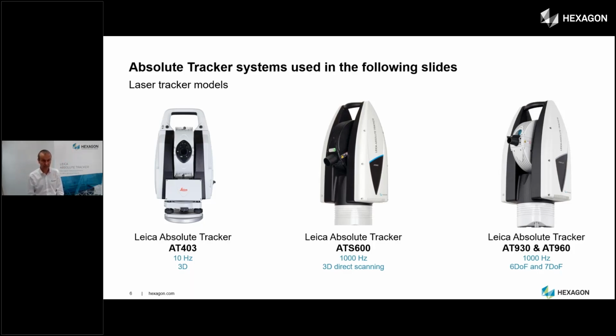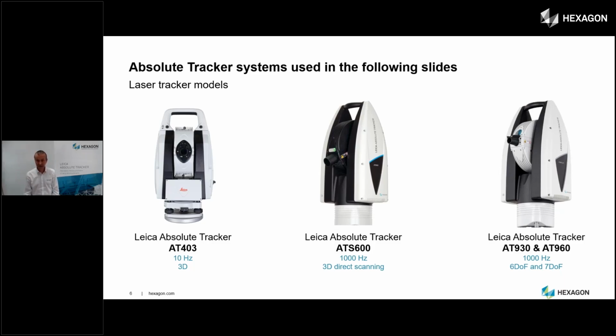The system is capable to measure on a reflector up to 10 measurements per second, but also capable to measure with a so-called B-probe into areas which are not so easily accessible. Then we have the ATS 600, which can measure up to 1000 Hertz, can measure on a reflector like the AT403, but also scan directly to the surface reflectorless. This was introduced into the market in 2019.